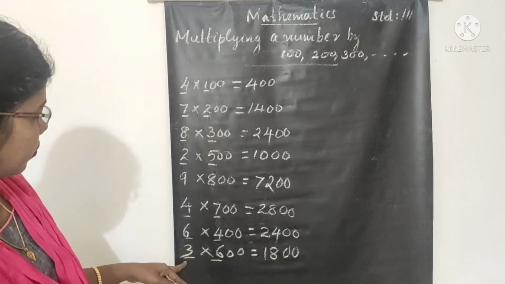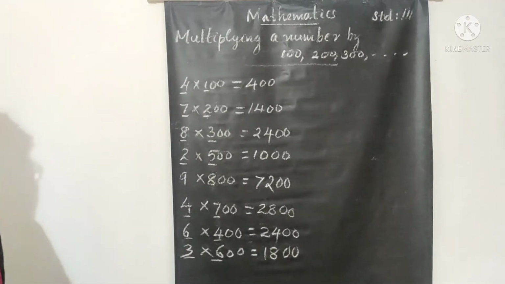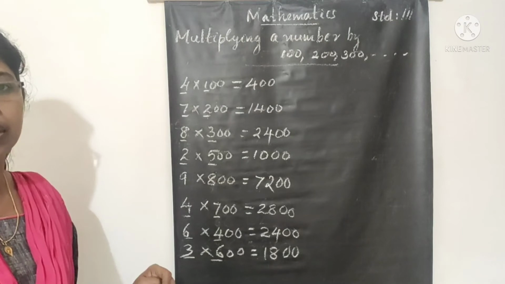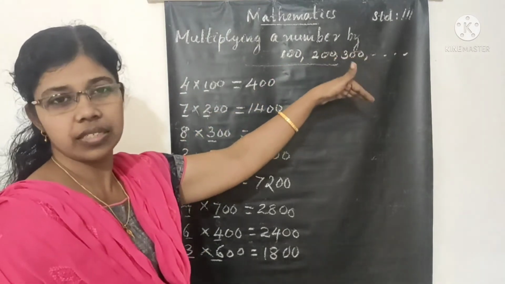Next, 3 into 600, answer 1800. This is a simple way of finding the multiplication answer when multiplying with the hundreds.